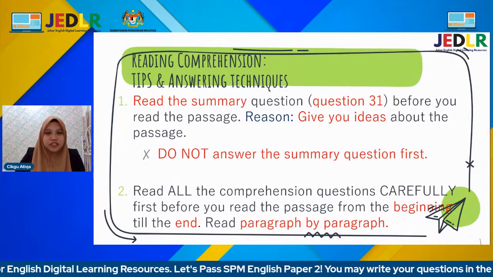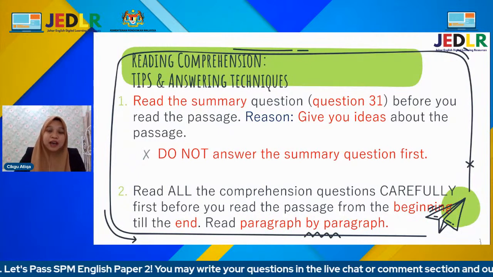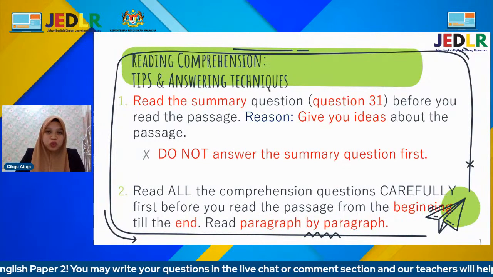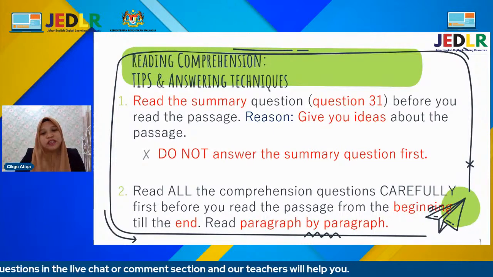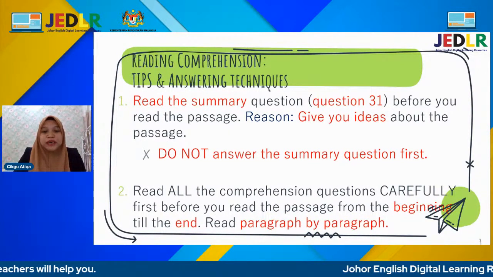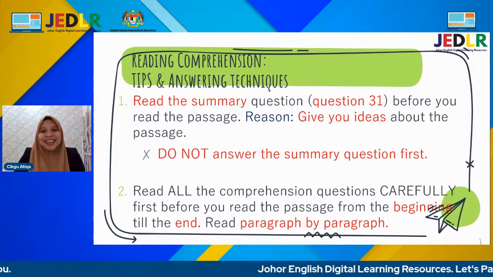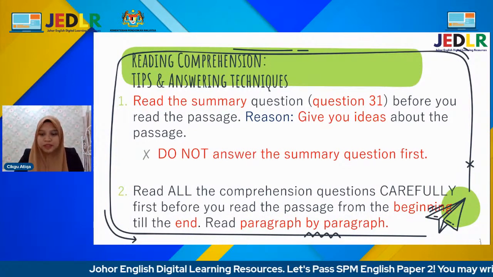So first you read question 31, the summary question, so that you know the main idea. After that, you read question 26 to question 30. And then you read the passage, the text, from the beginning till the end, paragraph by paragraph. Ikut perenggan lah. Now, I think those are the first two tips.